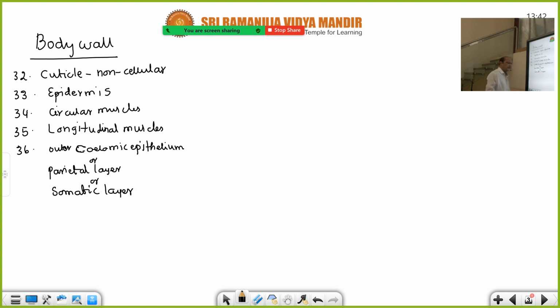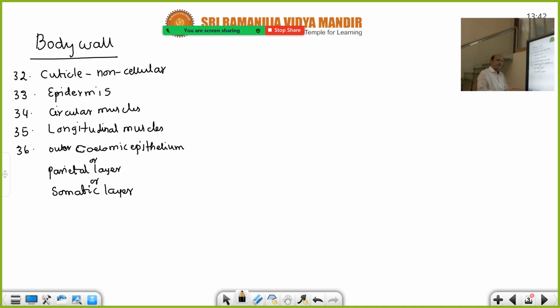You can also say somatopleure, somatic peritoneum, parietal peritoneum. You can use any term. Okay na? So that is outer coelomic epithelium. This arrangement of these 5 layers, just remember: cuticle, next to cuticle epidermis, circular, longitudinal, outer coelomic epithelium.